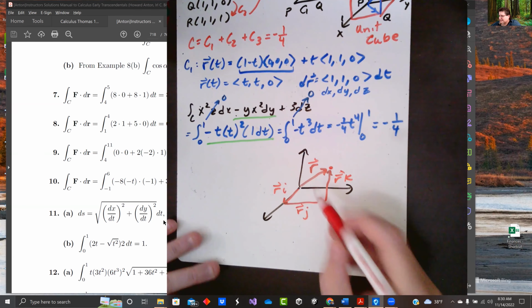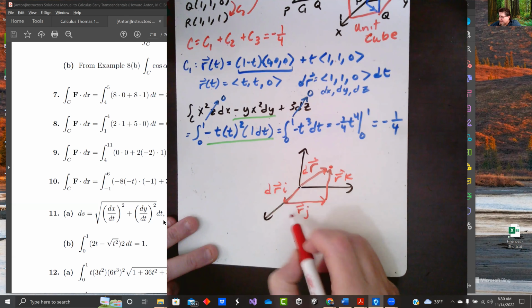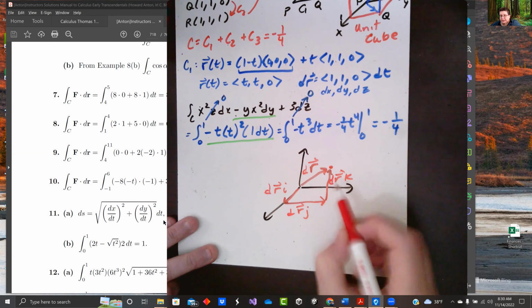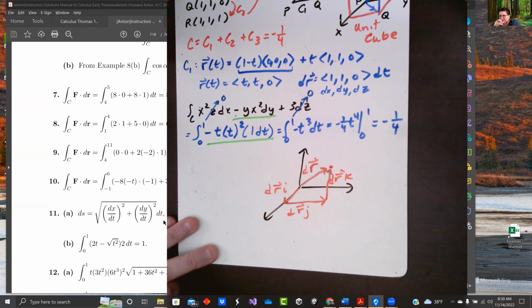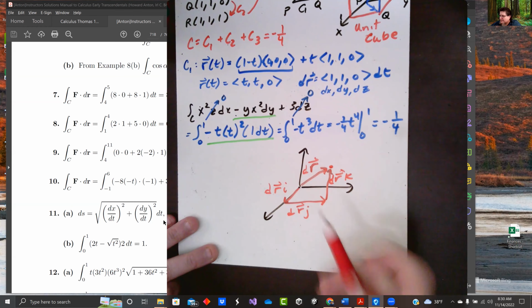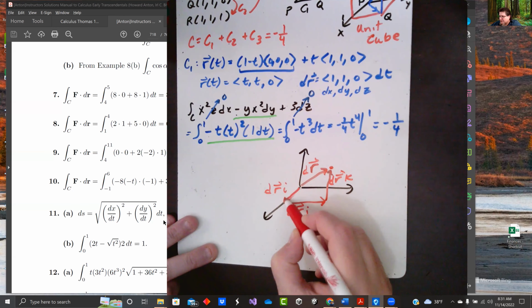If I were to treat this as a dr, the same thing has to happen. There are little steps in each direction. So let's just pretend we zoomed in so I don't have to try to rescale this. This is a really fine, small dr segment. I'm still going to have a section that goes dx.